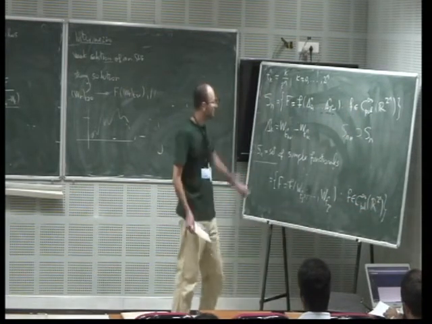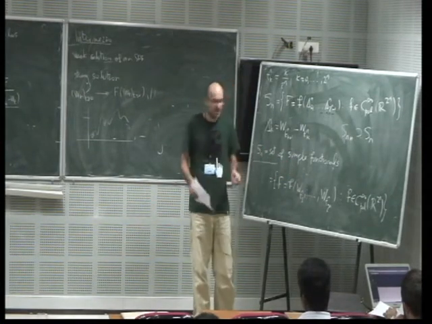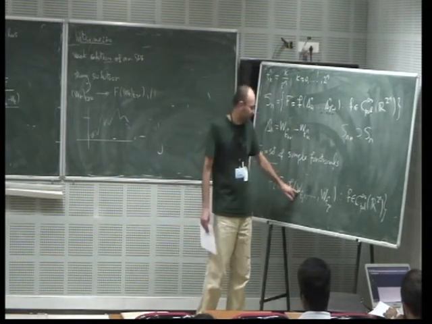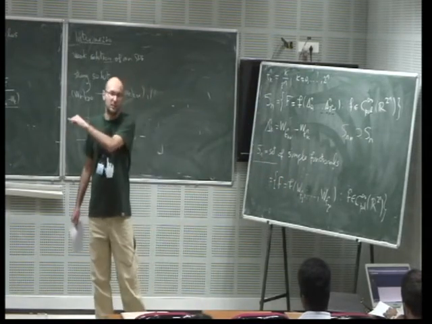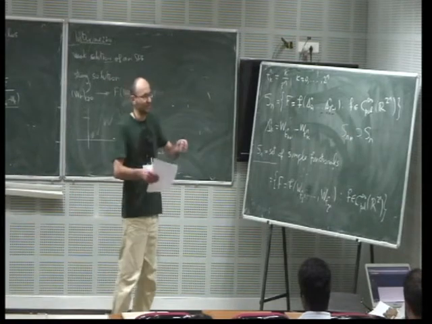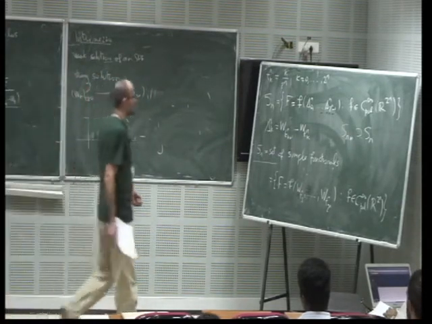Well, why is this true? Because each of these can be written in terms of increments. For instance, W_{t_{n,2}} is equal to W_{t_{n,2}} minus W_{t_{n,1}} plus W_{t_{n,1}}, okay? And so on. This is simply a telescopic sum. And so these two sets are the same.